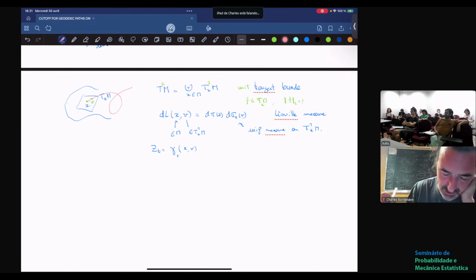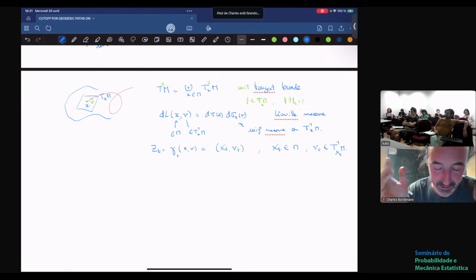It moves at unit speed, and at any time this geodesic flow is a point (x_t, v_t), where x_t is a point on my manifold and v_t is a point in the unit tangent bundle at x_t. So this is a trajectory.